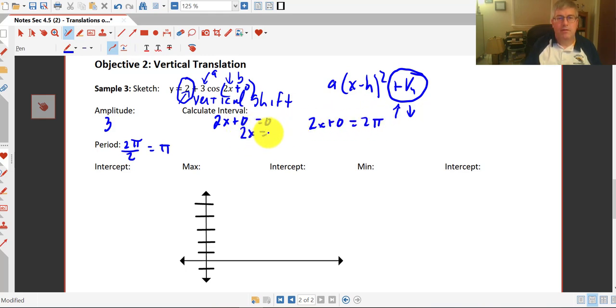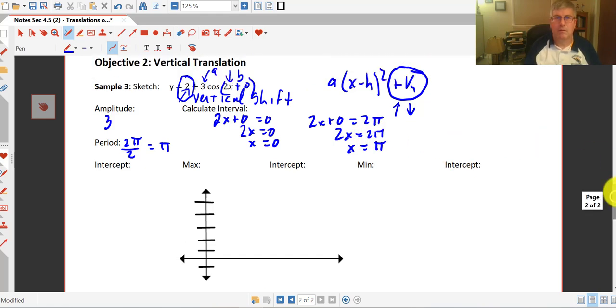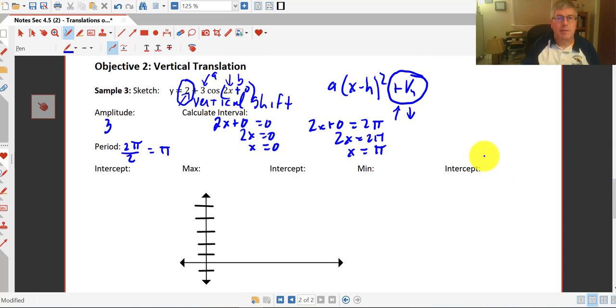So 2x equals 0, we get x equals 0, and we get 2x equals 2 pi. So we get 2 pi divided by 2, and x equals pi. So our interval is between 0 and pi, and our period is pi. That's kind of handy. We've got an amplitude of 3 and a vertical shift of 2.